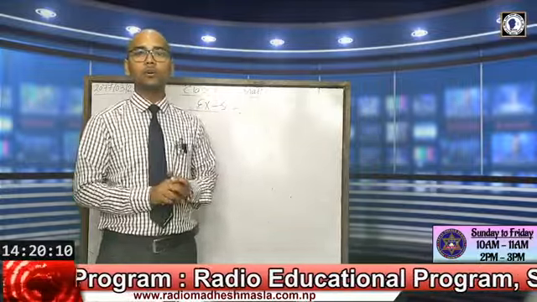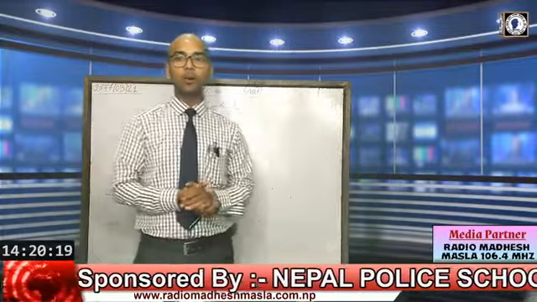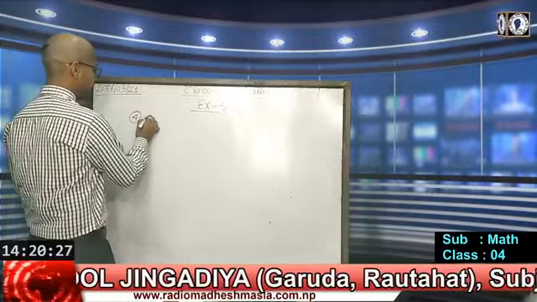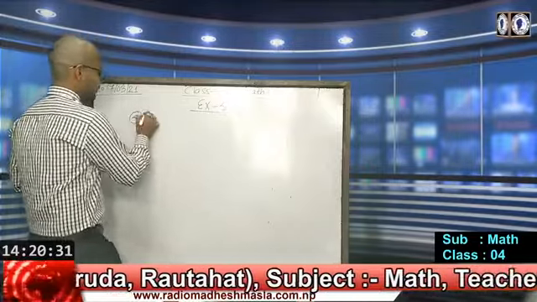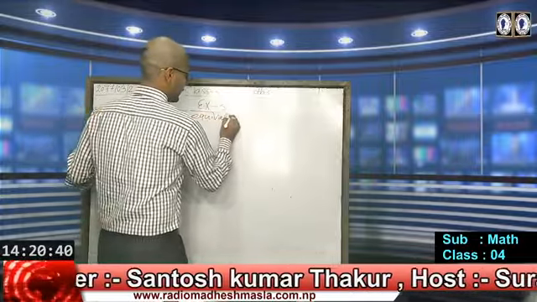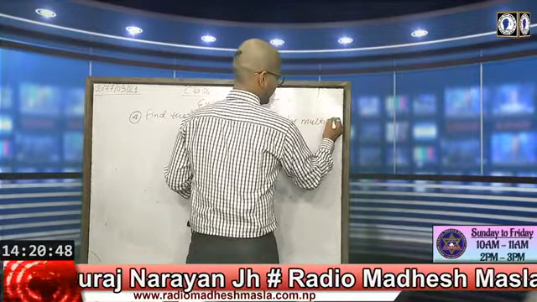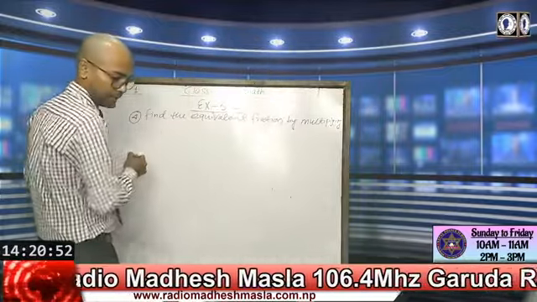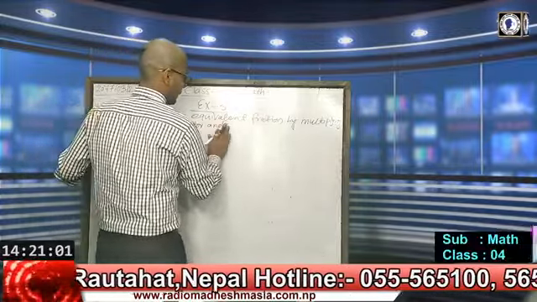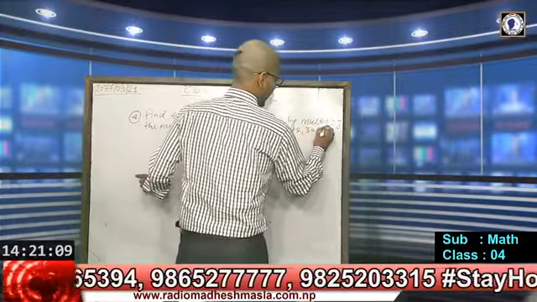So dear students, as you know, we have already learned how to find the equivalent fraction by the multiplication method, and this is also a way to find it. So the first question is question number 4, A. We have to find the equivalent fraction by multiplying the numerator and denominator by 2, 3 and 4 respectively.